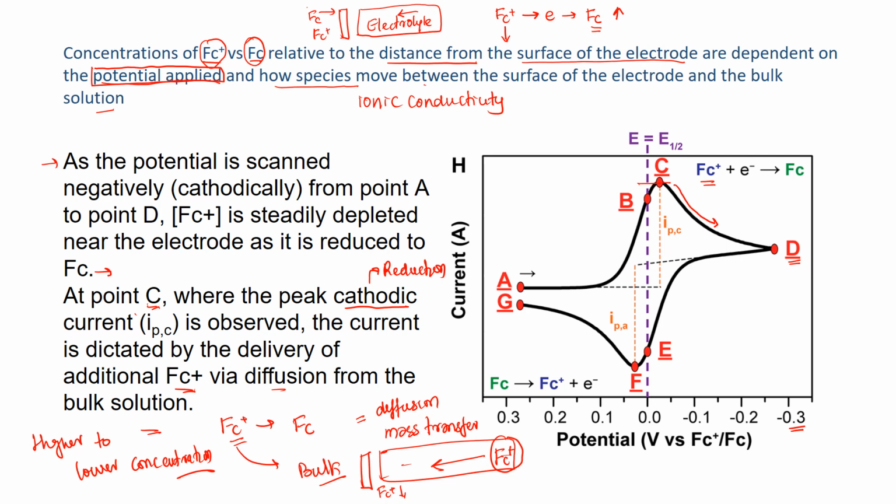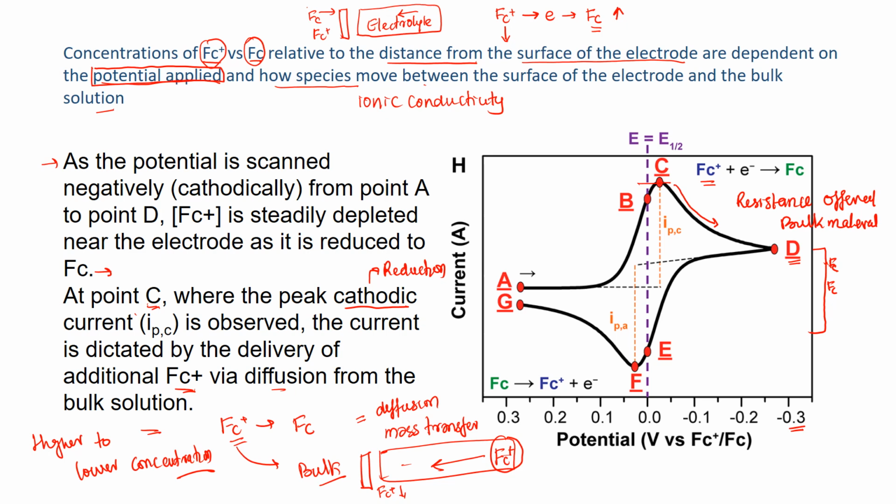This is due to the resistance offered by the bulk material. So once the resistance is high, the current will come down, and there is also a formation of Fc on the electrode.